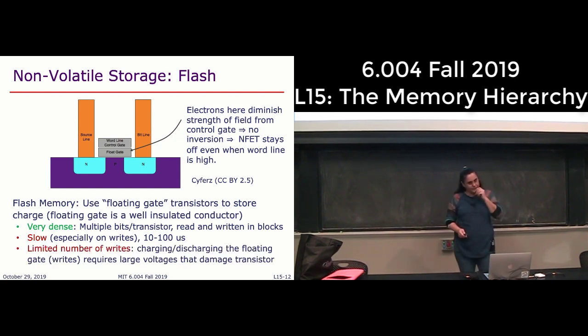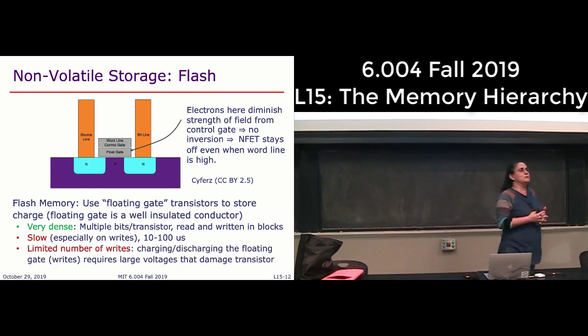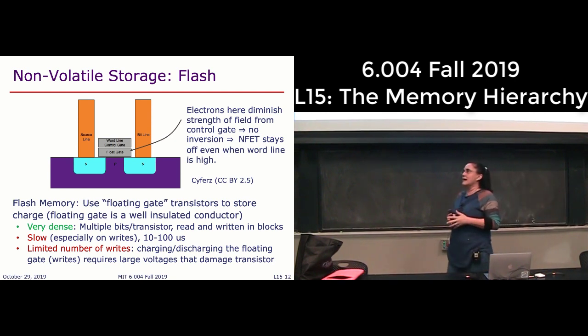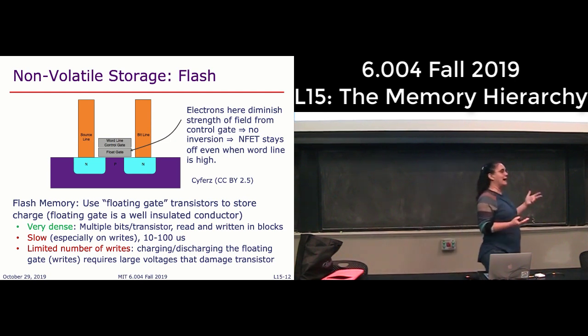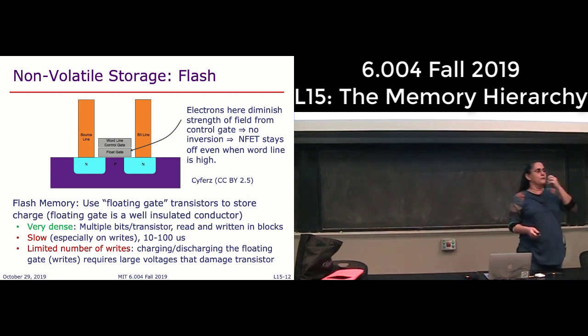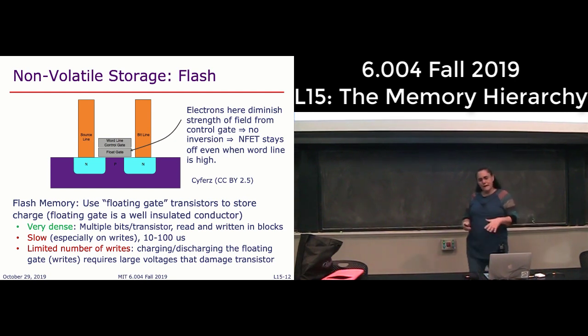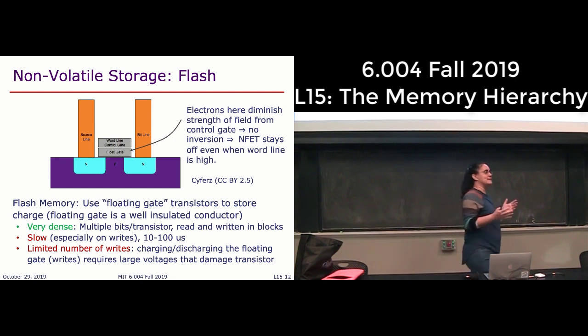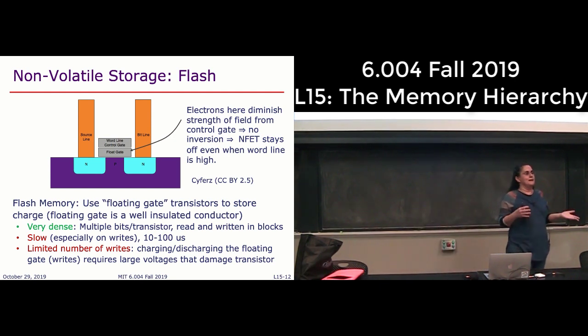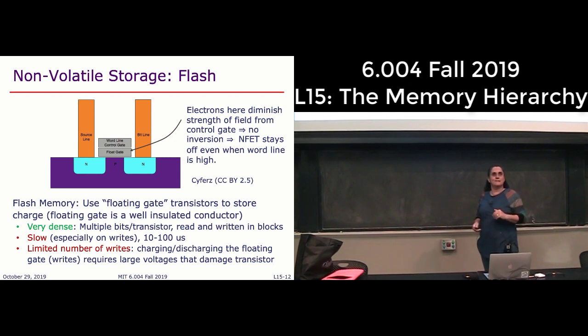Not only that, but you can only do a limited number of writes before the transistor gets damaged, because you have to use really high voltages to overpower that strong insulator. Again, just to give you a sense, what's good about this is that it's extremely dense. Bad about it is that it's slow.